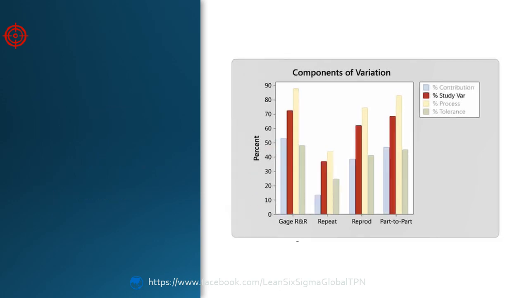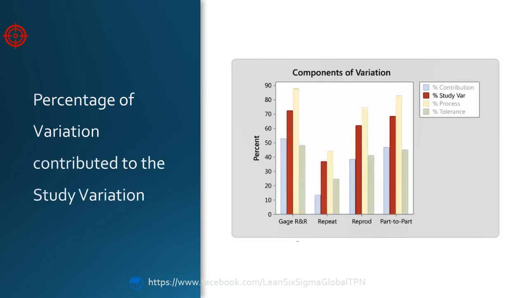The red bar compares the standard deviation of each source to the total standard deviation. This is what we look at when we want to compare measurement variation to the total variation.